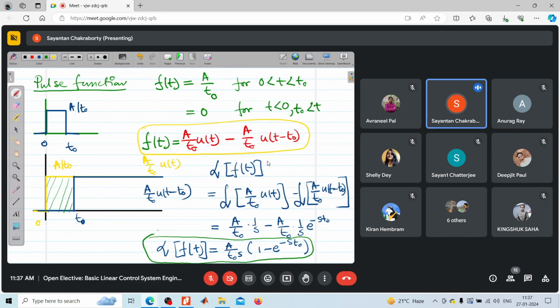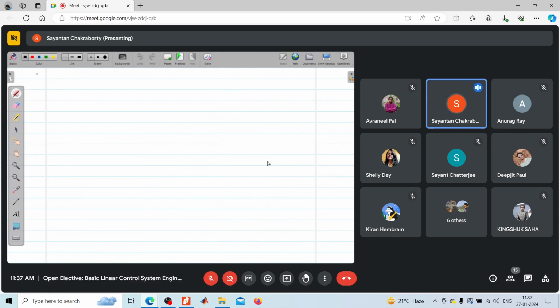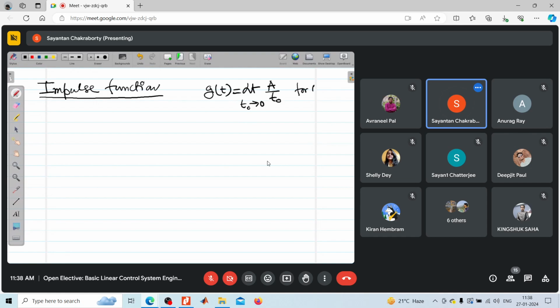If we know that the Laplace transform of a pulse function is this, can we find out the Laplace transform of a specific pulse function, the impulse function? What is an impulse function? Say g(t) is defined as a by t0 with limit t0 tends to 0, for 0 less than t less than t0, and equal to 0 for t less than 0, for signal's causality.